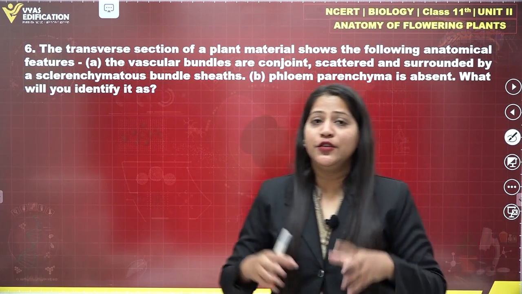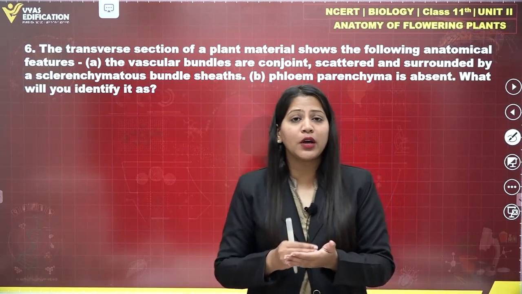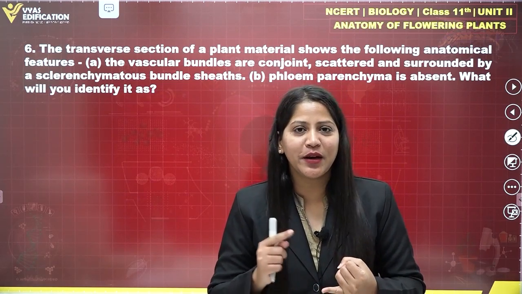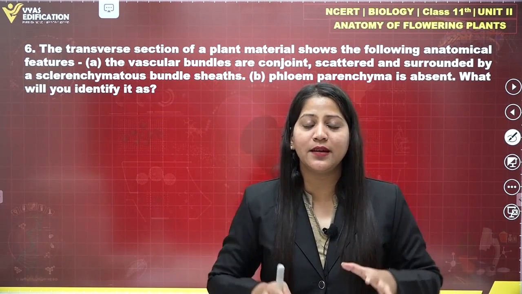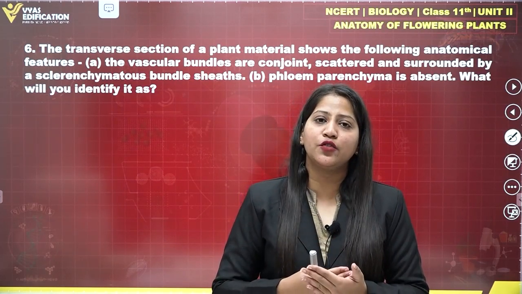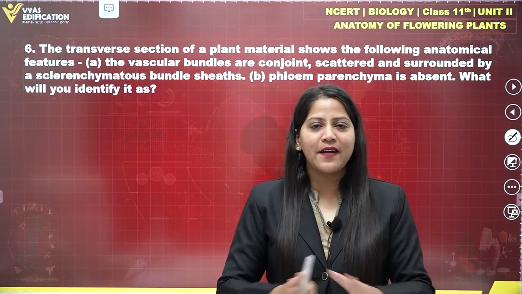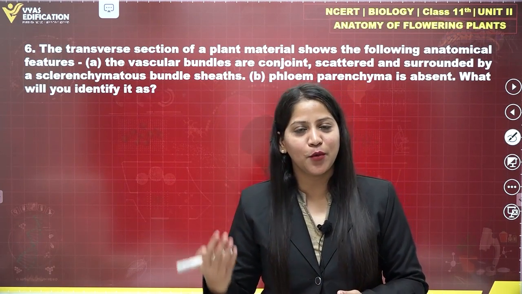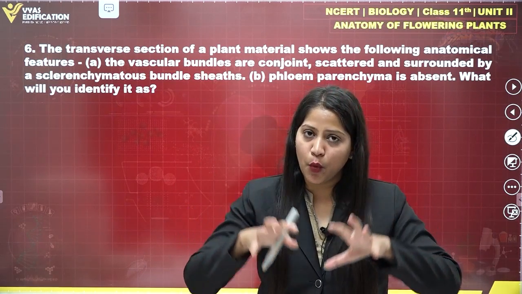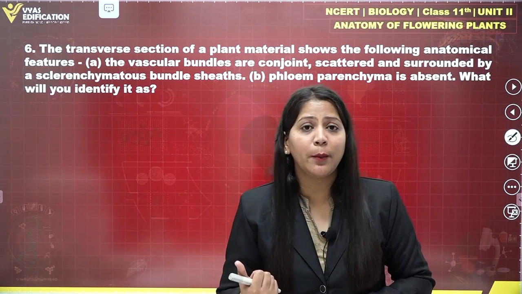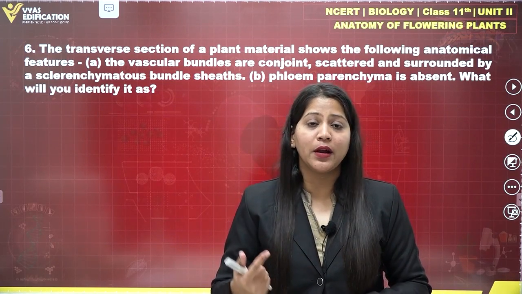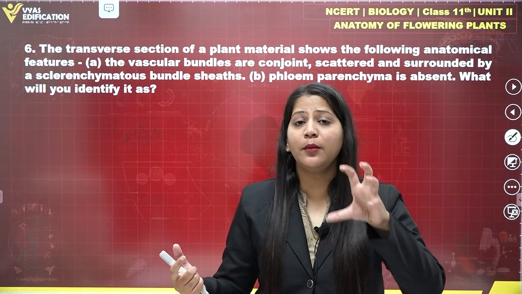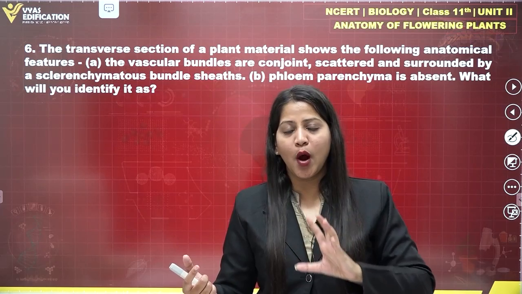First of all, you have to know that in monocot stem you will find vascular bundles which are conjoint, collateral but closed. That means no secondary growth is found in monocot stem, whereas secondary growth is found in dicot stems.